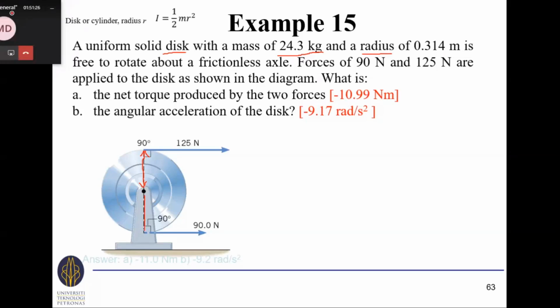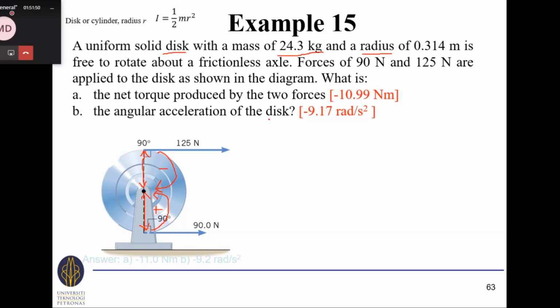This is also another distance from the other force. We did this just now. The 125 Newton will give a clockwise direction. The 90 Newton will give a counterclockwise direction. So this will be negative, this will be positive.